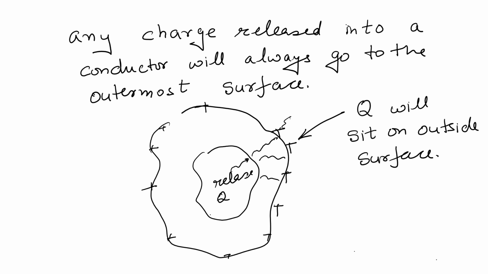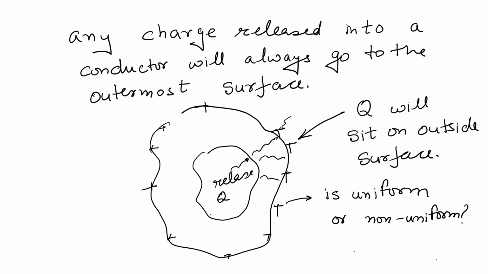The next question which arises is, how would it sit on the surface? Is it uniform or non-uniform? How can we answer that question? Whether the charge would sit uniformly on the outside surface or whether it would sit non-uniformly on the outside surface.